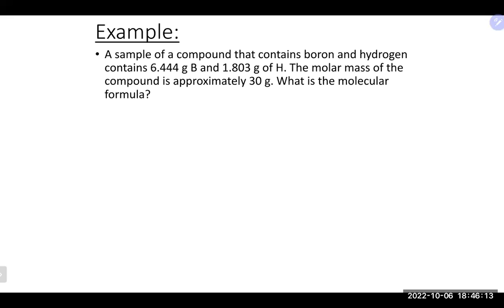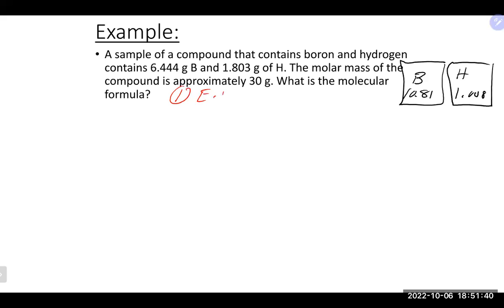Let's calculate the molecular formula here. You might need to do the empirical as well. Okay, let's take a look since we're getting to the end here. In this particular case, we do want to calculate the molecular formula, which needs 3 things. We need the empirical formula, which was not given to us, so we do need to calculate it.